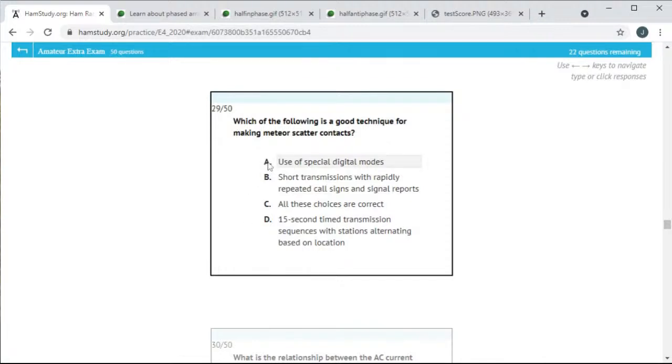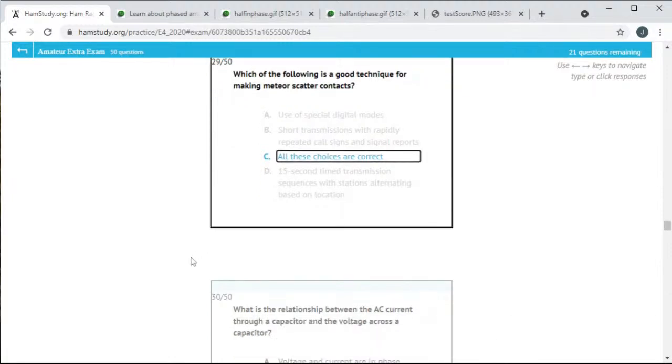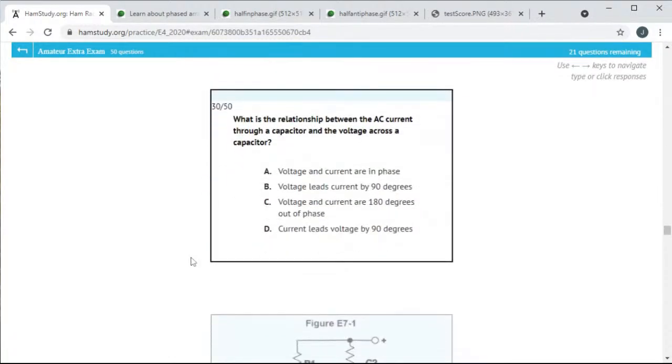I'm going to go with all of these are correct, since I believe B and D describe the same thing, and I think they're describing special digital modes. So I'm going to go with that they're all describing the same thing.